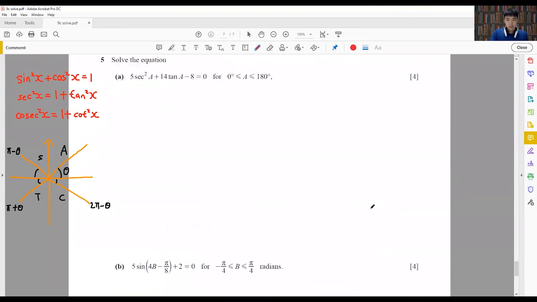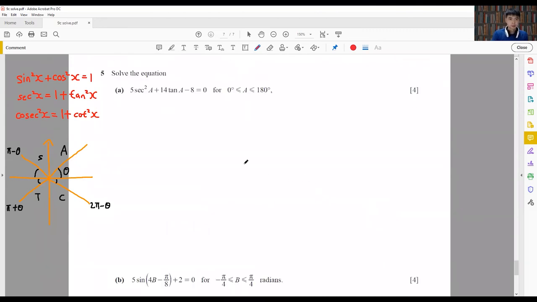and one last question before we end the video. First part again should be the easier one compared to the rest. Sec square, I'm going to use this identity rule here to change it. 5 times 1 plus tan square a in this case, plus 14 tan a minus 8 equals 0.